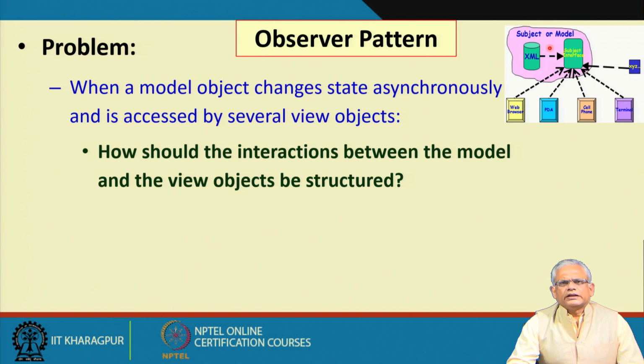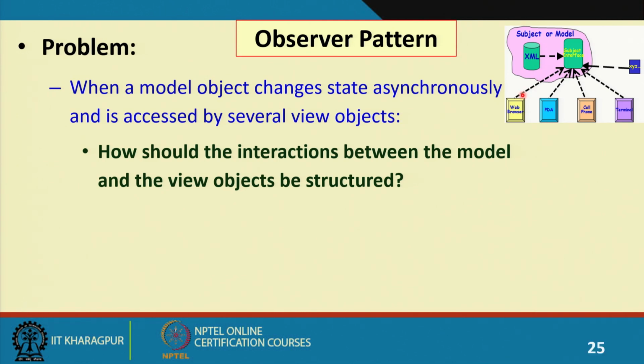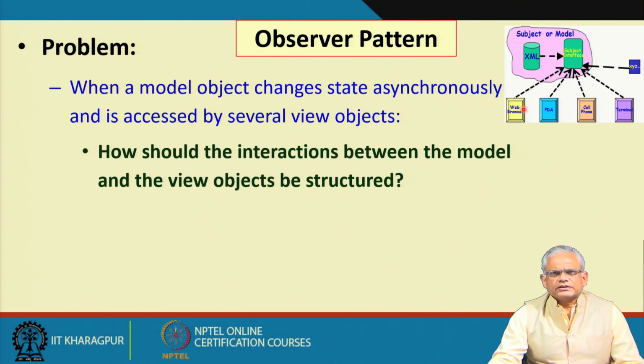They may occur any time, and therefore, continuous polling from the observers about whether there is a change is highly inefficient. It is not a proper solution that the clients keep on invoking the method on the subject class.